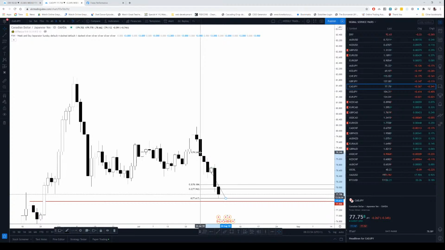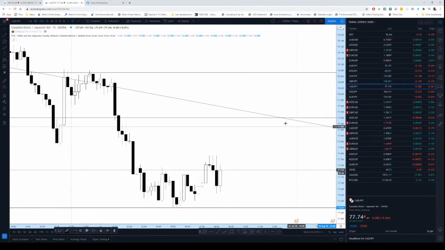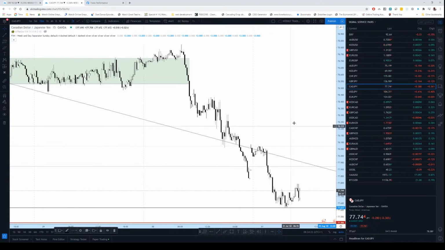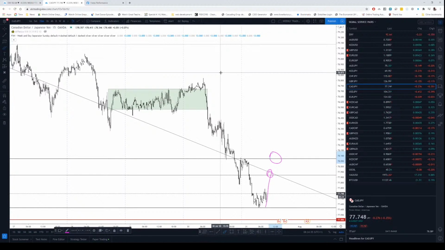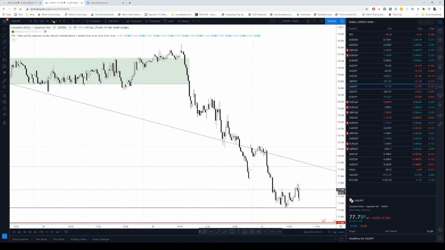So we look for the high of Monday and the low of Friday, and if we get a bounce on the lower time frame, we look for price to retrace to this level and that level, and that will cause the weekly range to be fulfilled.